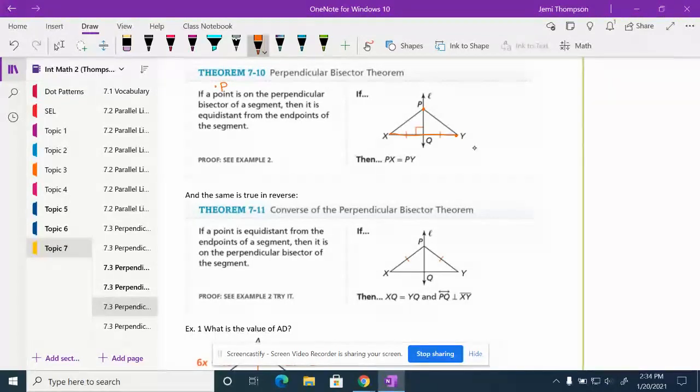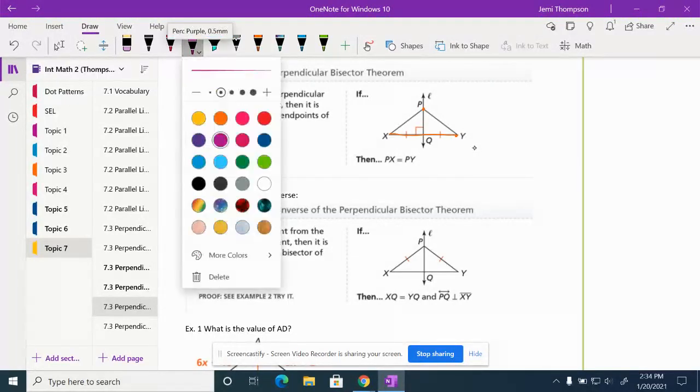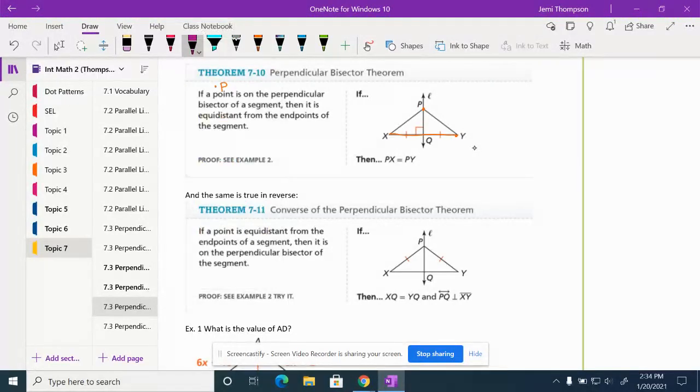If a point is on the perpendicular bisector, so let's have some reminders here. What does it mean to be perpendicular? Perpendicular is when you have two lines, or two rays, or two segments, or any combination of those. We're going to use the phrasing two lines just to be generic.